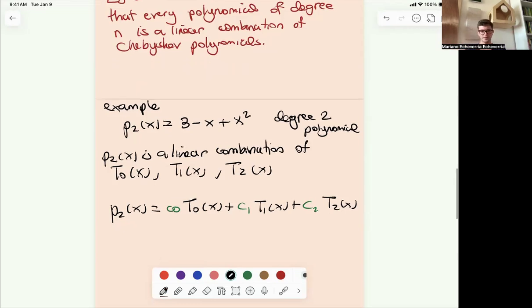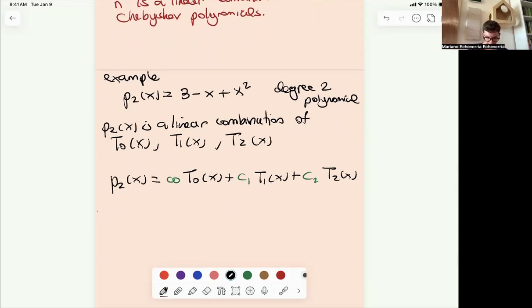So in this case, what was the polynomial? It was 3 minus x plus x squared. Then C0, what is T0? T0 was 1, right? Then you have C1, what is T1? T1 was x. And what is T2?